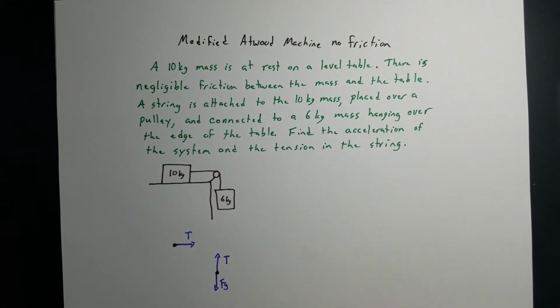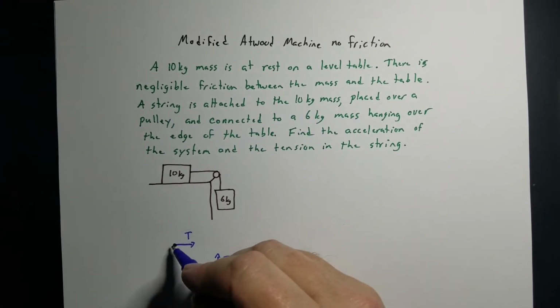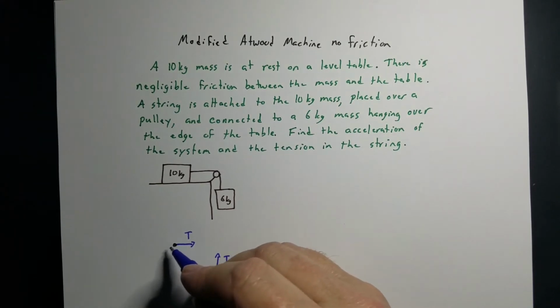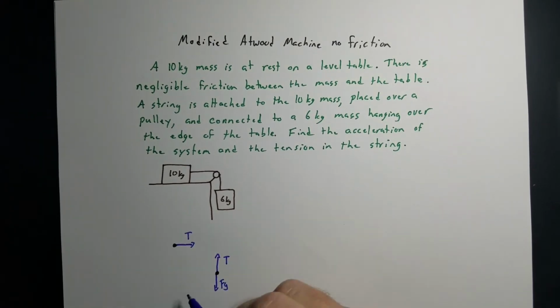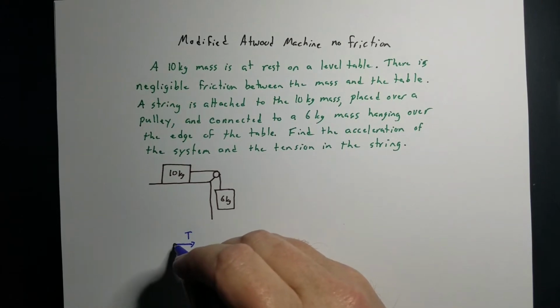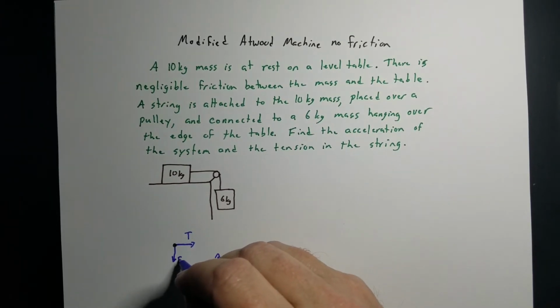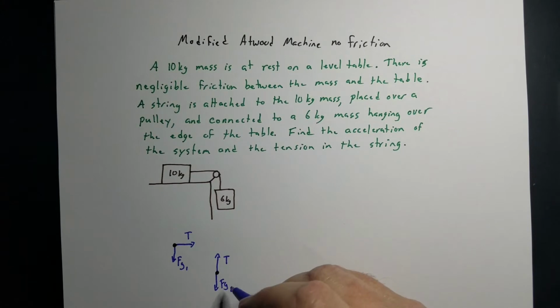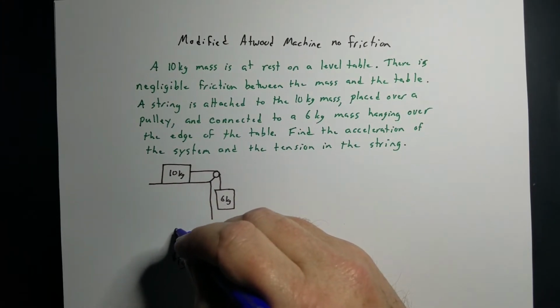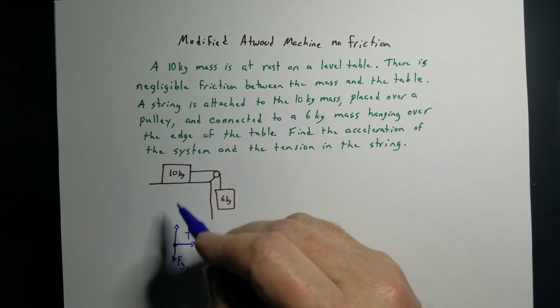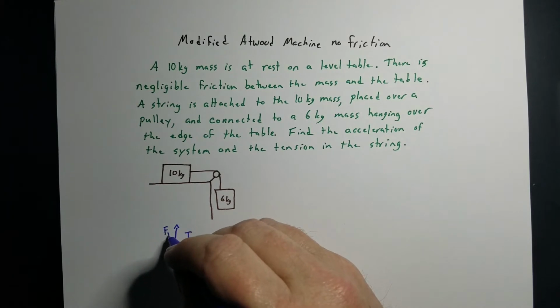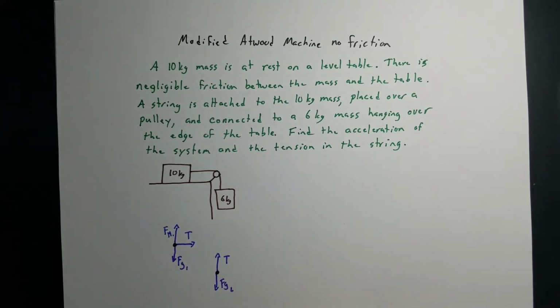And since there's no friction, we don't have any force restraining it, but we're not done with the forces on this one. This one will also have its own weight, and it'll also have a normal force from the table supporting the block. And so that's the free body diagram for this one.